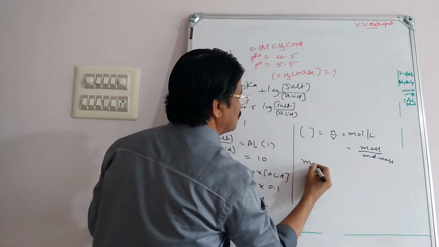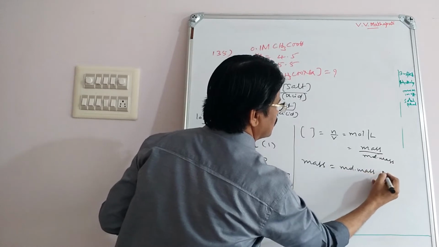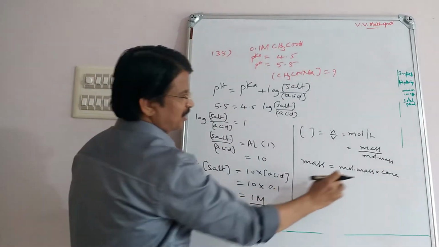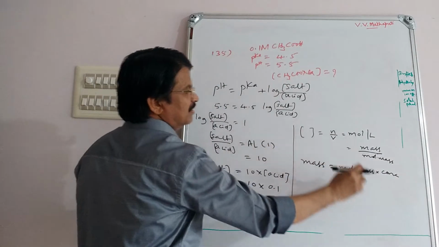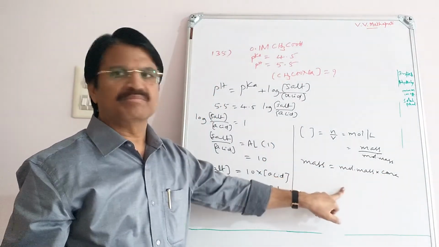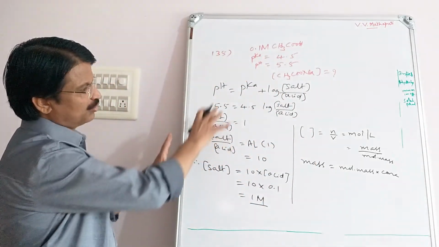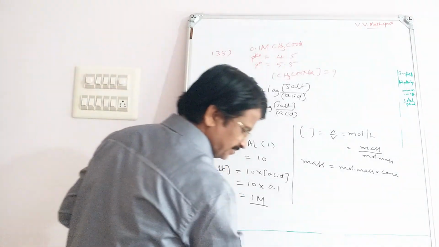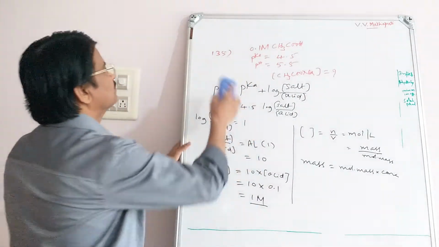Then mass equal to molecular mass into concentration, whatever calculated. Substitute the molecular mass of sodium acetate and concentration 1, then we get the answer. That is the mass calculation. Similarly for acetic acid or any example, how to find mass, how to find concentration of the solution, I told in case of buffers. That was an acidic buffer. We will take another example, a basic buffer.